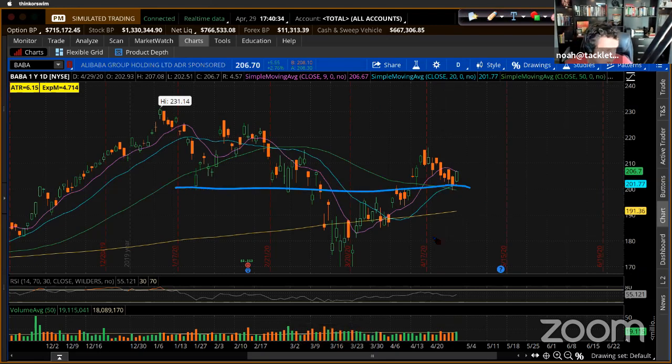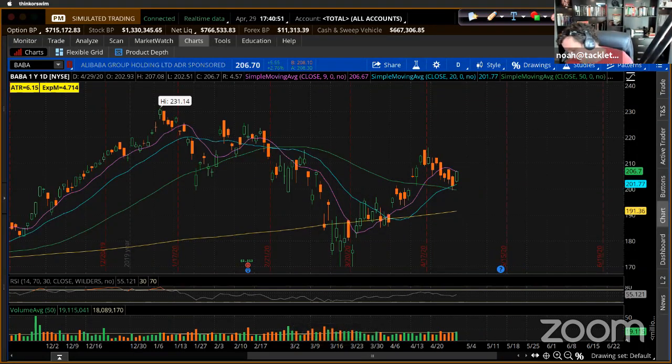I'm sure I could draw a Fibonacci ratio on there too. And we got our one-day candle, an uptick in volume. Earnings is a way out. With earnings coming, I'd expect volatility to rise and stay up.